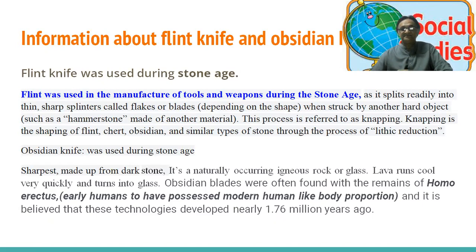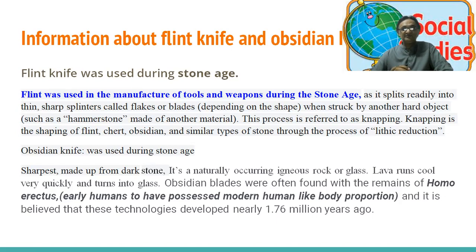It splits readily into thin sharp splinters called flakes or blades, depending on the shape, when struck by another hard object such as a hammerstone made of another material. This process is referred to as knapping. Knapping is the shaping of flint, chert, obsidian, and similar types of stone through the process of lithic reduction, stone reduction.